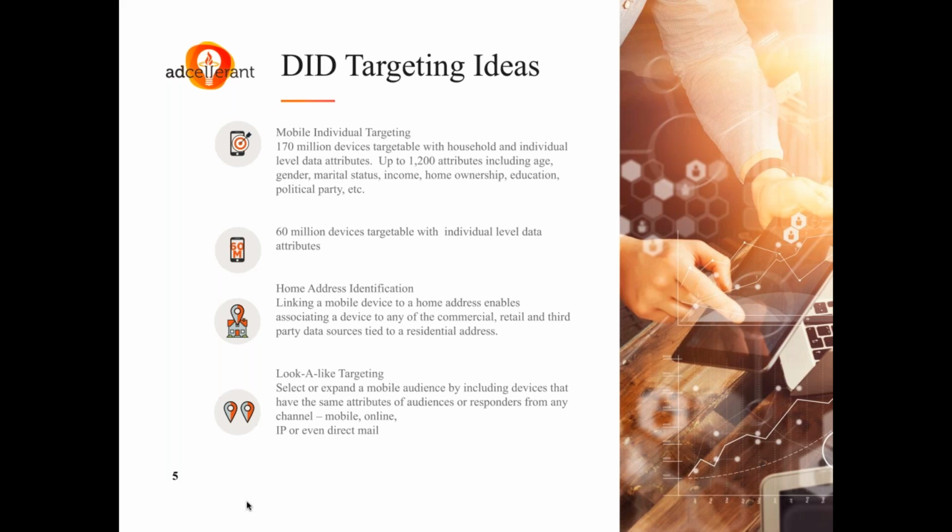So we have lots of targeting ideas on here, but this is essentially a little bit repetitive from what we've been talking about before, but we want to be able to leverage this data as much as possible. We've also opened up the opportunity, if you're currently running a micro proximity campaign and you'd like to shift over to this targeting, we are offering the same CPM you're paying right now for micro proximity, which is $6.